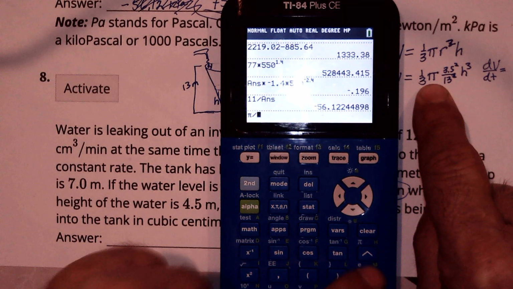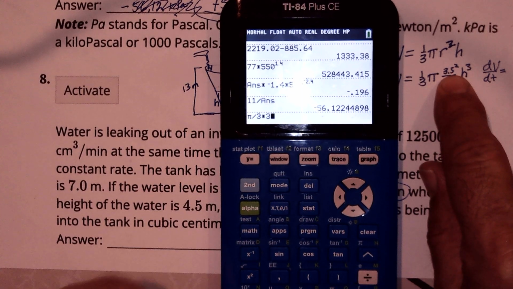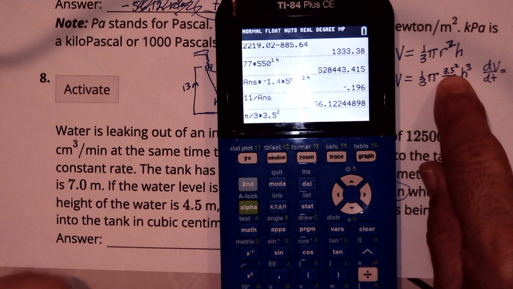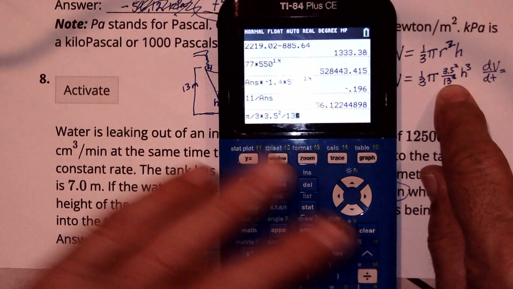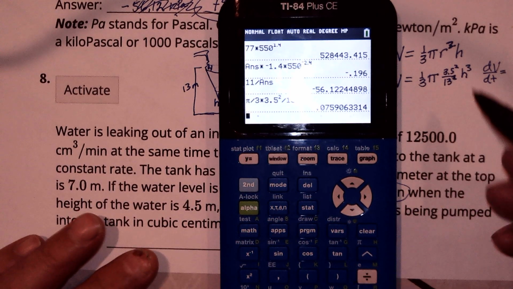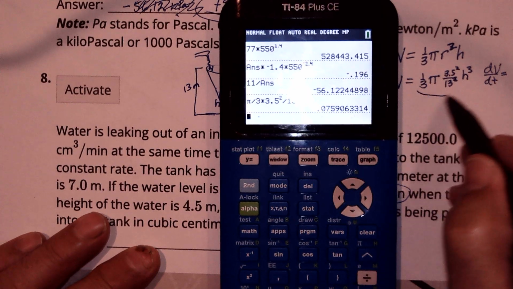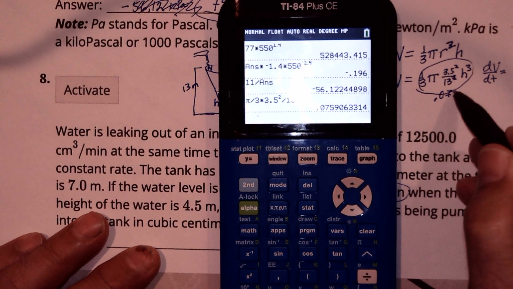Pi divided by 3 times 3.5 squared divided by 13 squared. It's 0.0759.